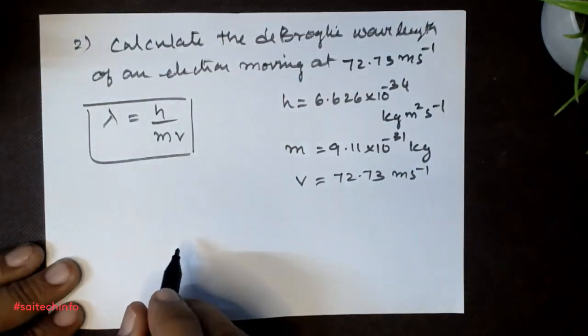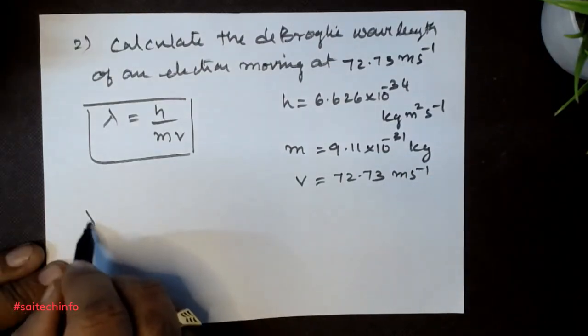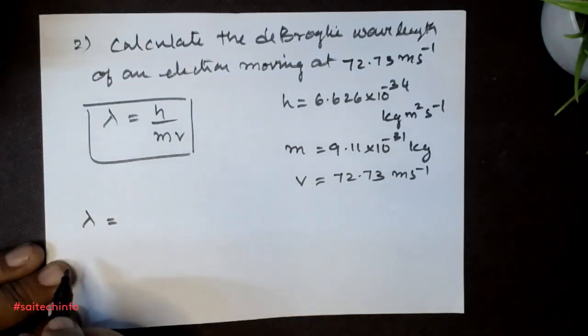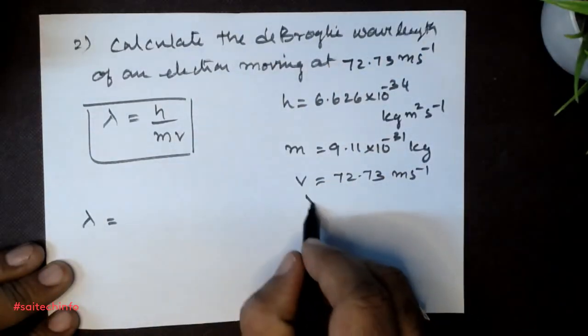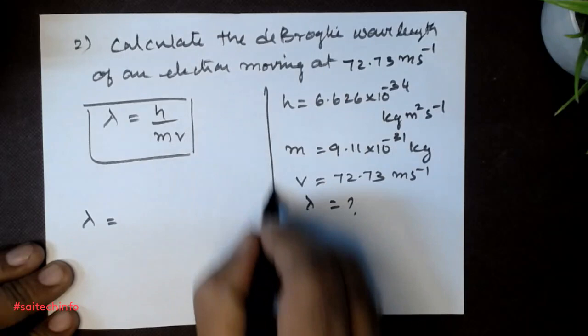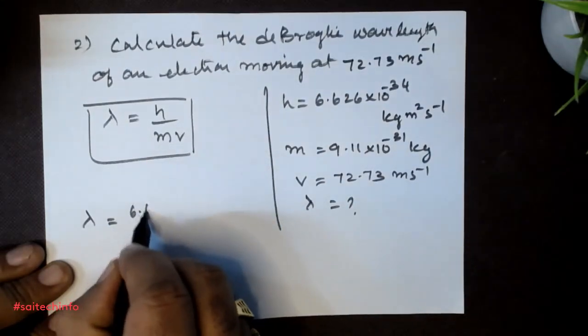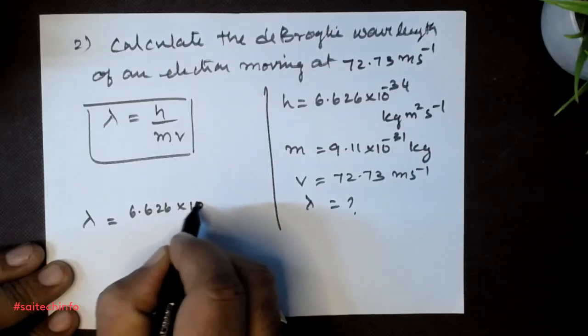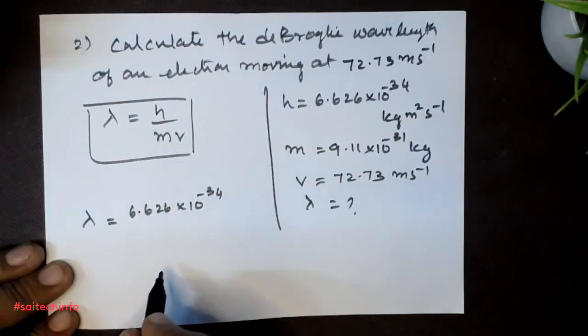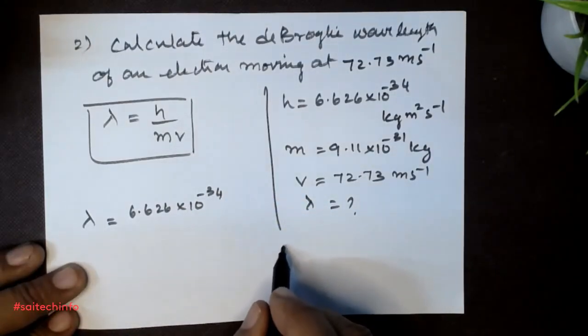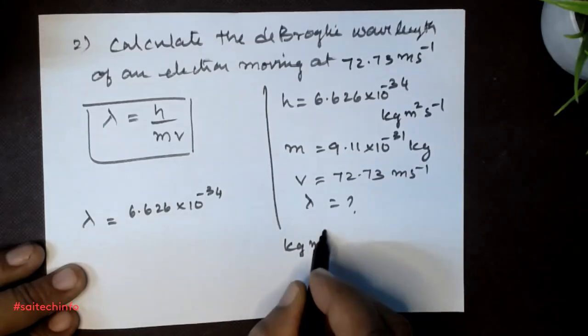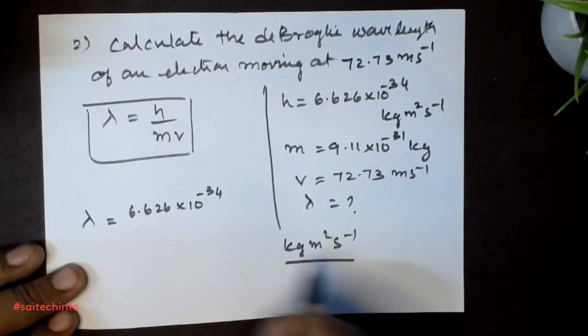Now let us calculate. What is asked here? Lambda is asked. So lambda is equal to 6.626 into 10 power minus 34, and the unit is kg meter square per second, divided by mass 9.11 into 10 power minus 31 kg, and then velocity 72.73 meter per second.